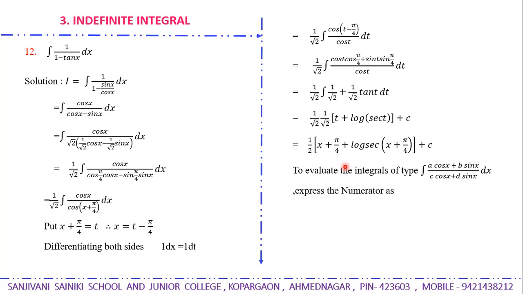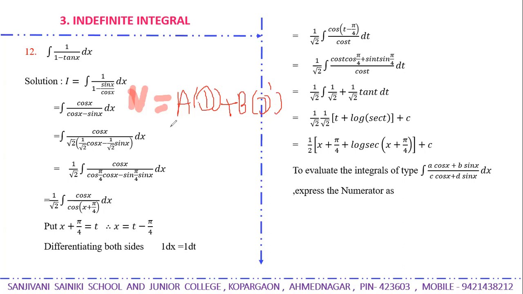In that case, we express the numerator as a times denominator plus b times the derivative of the denominator.